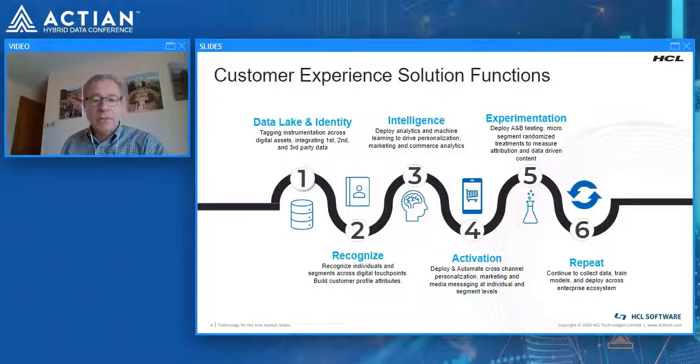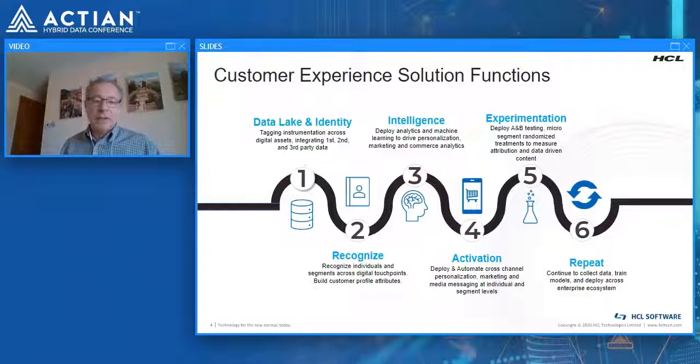Recently, I observed that the majority of RFPs and opportunities that come my way require that companies build either customer data platforms or customer experience platforms or digital experience platforms. But whatever the name, if we take a step back, those platforms deliver a certain set of functionalities.